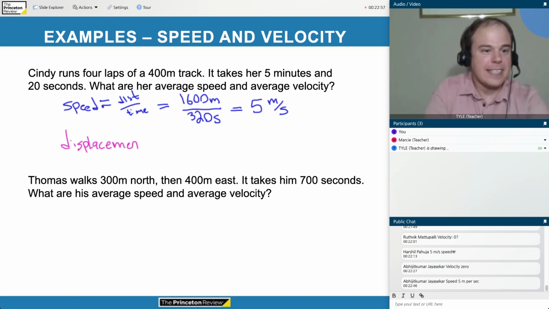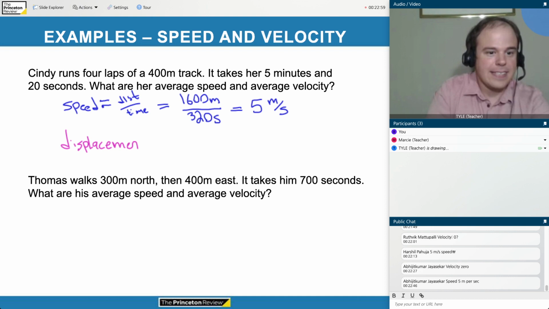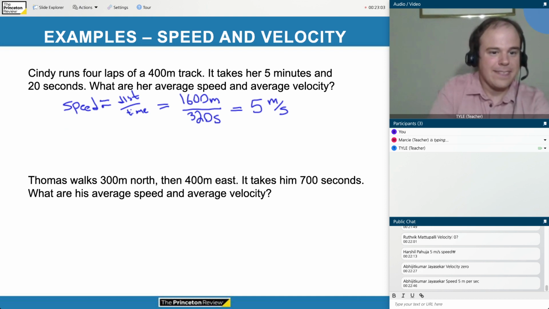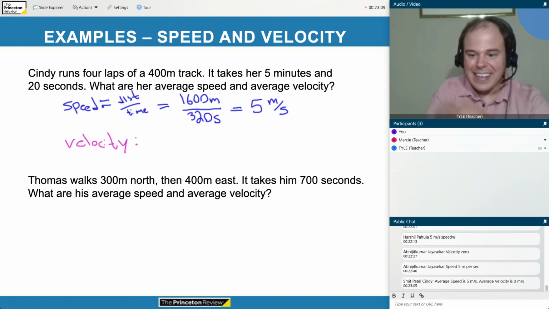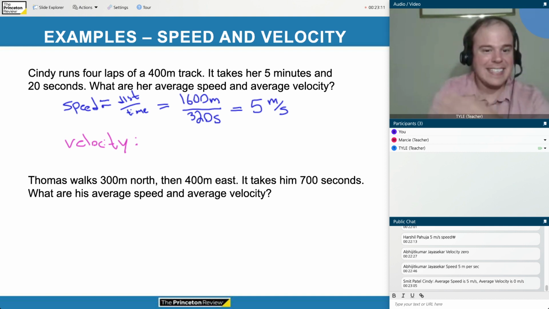Or whoops, not displacement, but what I meant to write here was what about Cindy's velocity, which depends on her displacement. Okay. What was Cindy's average velocity? Very good. I see people saying that her average velocity is 0 meters per second. Okay, so I'll write V average, with a little arrow over top to show that it's a vector, equals displacement divided by time.